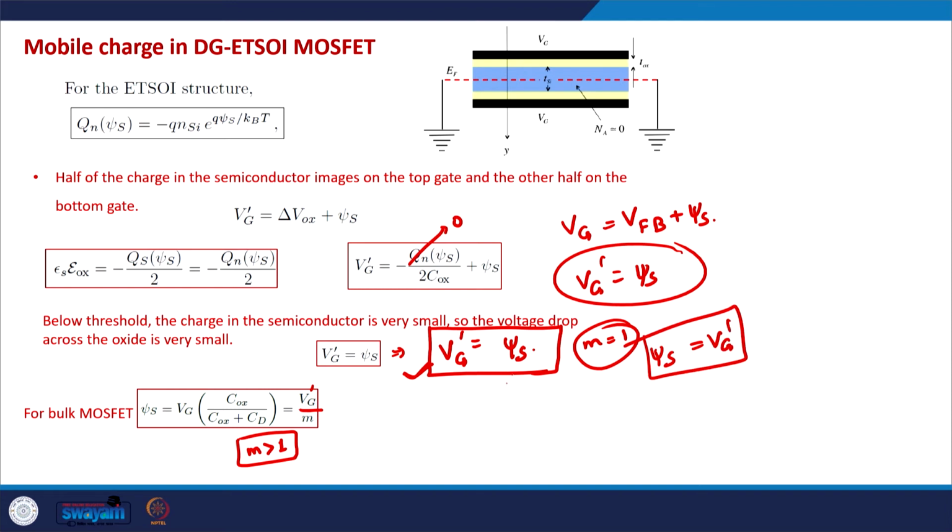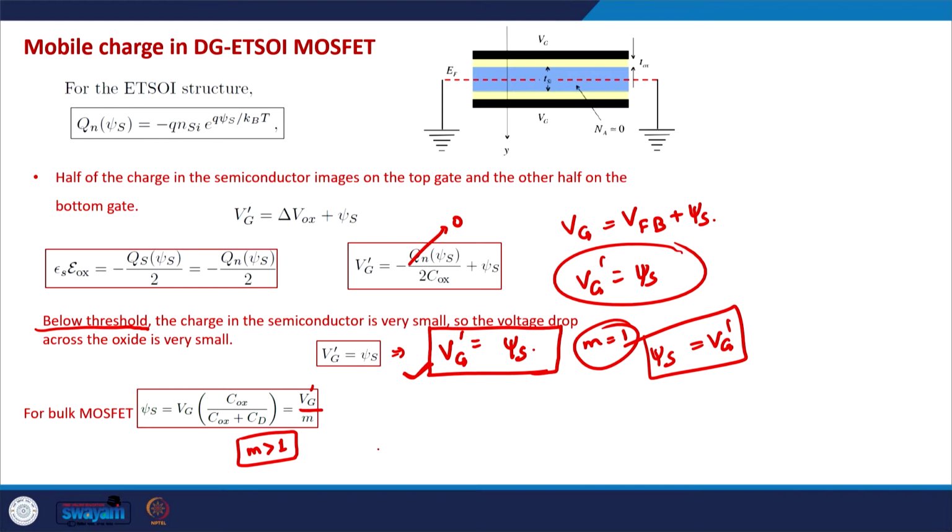So that's an advantage here, because all the voltage that we apply on the MOSFET drops across the semiconductor, in this case below threshold voltage. So in the subthreshold regime, the gate has very good control over the channel. That's a very important part of this device operation, because that gives us better performance as compared to the bulk MOSFET.